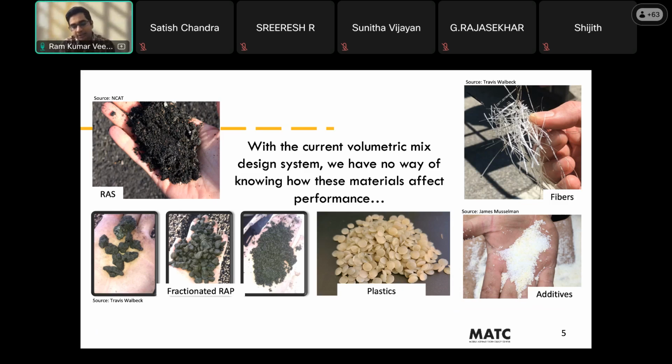And additives, as most of you also know, are used to improve workability and durability, but they still need proper evaluation of how these new materials are impacting performance. So that's one of the reasons why we are saying balanced mix design is something we need to focus on now. With balanced mix design, we can handle the implementation of new materials that are available in the market to extend the life and durability of asphalt pavements.